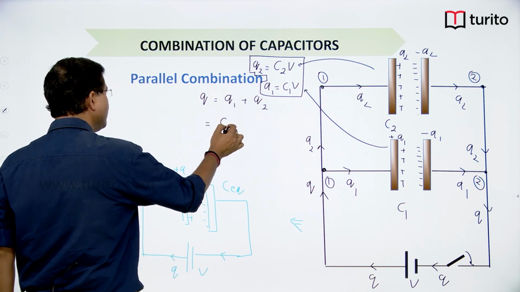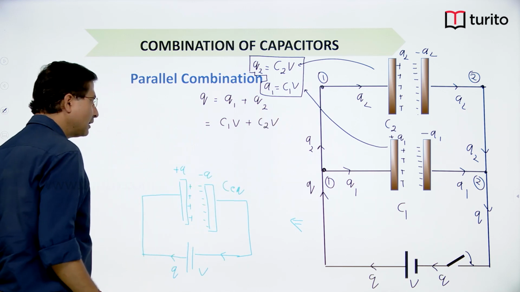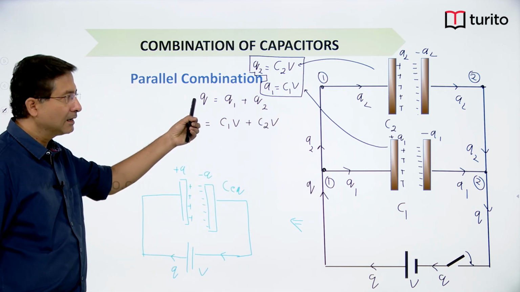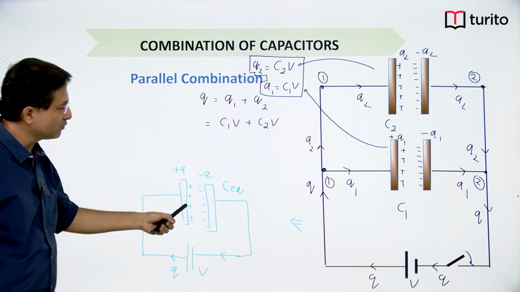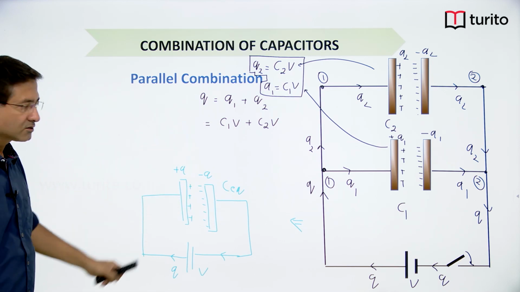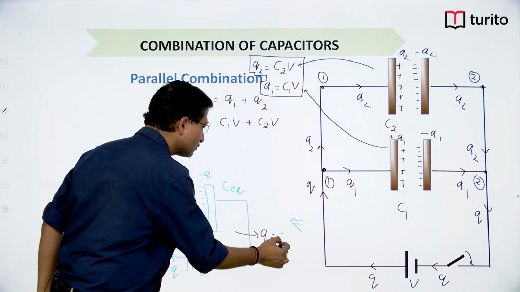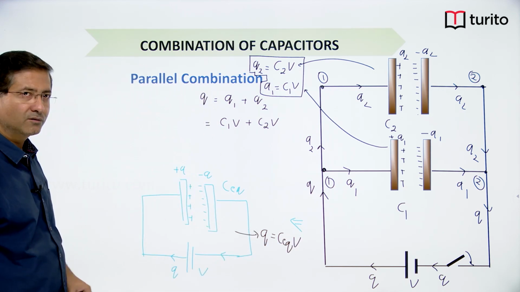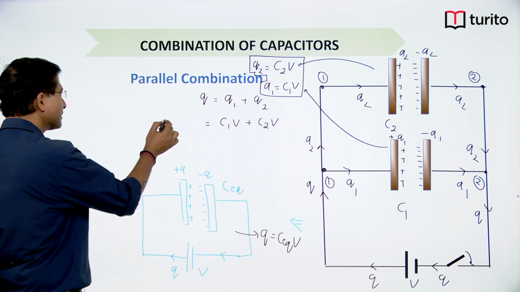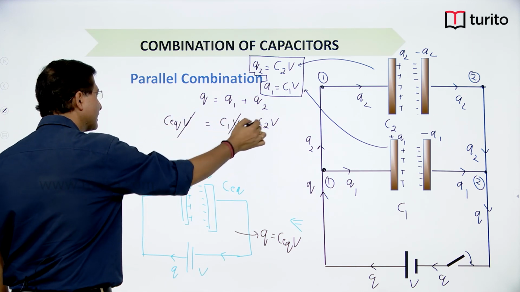So C1V plus C2V, and for the left hand side of the equation, I can substitute from this circuit, where Q is equal to C equivalent V. As you can see, V will get cancelled out.